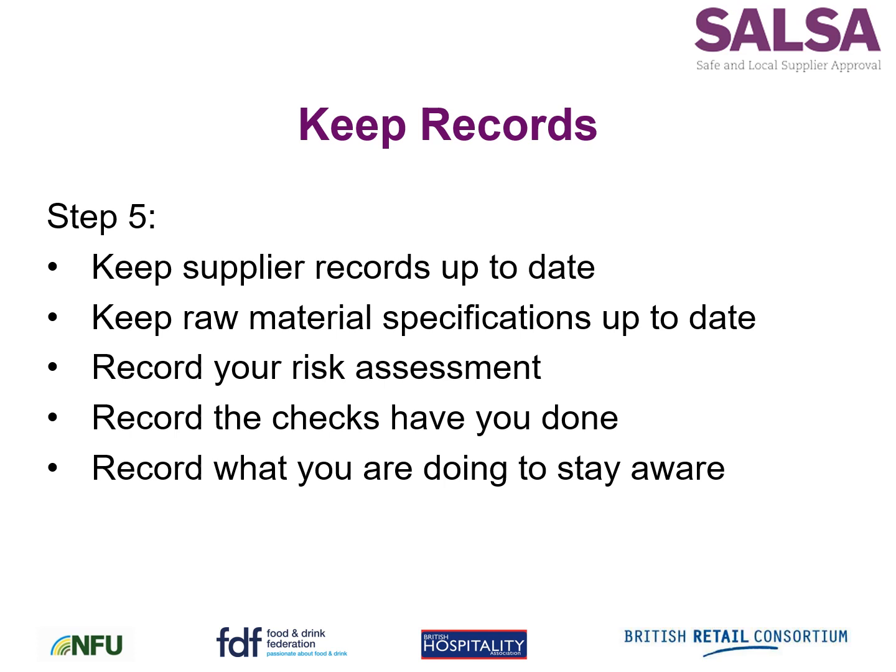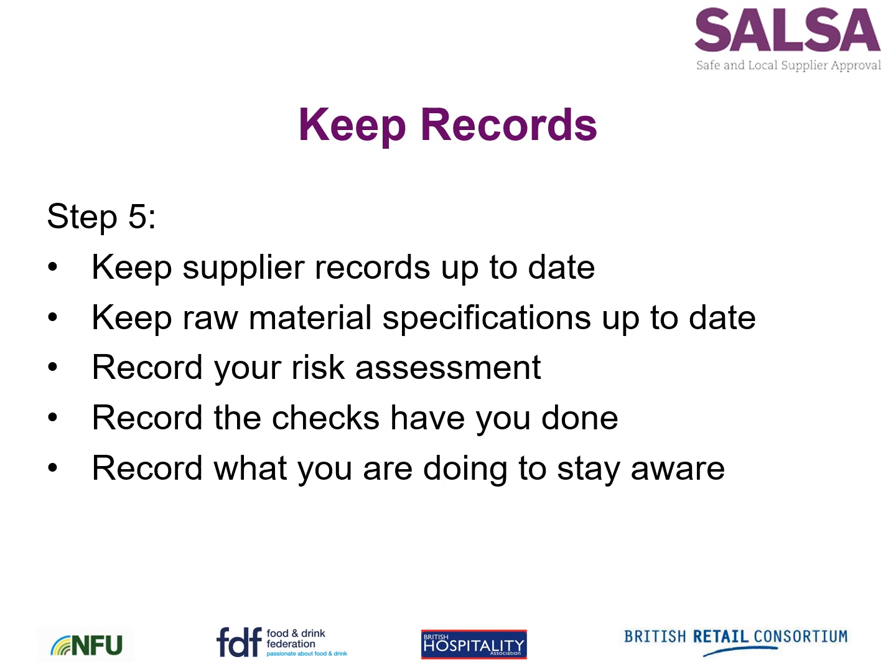Step 5 is to keep records. Keep your supplier records up to date. If your supplier changes, make sure that your records reflect the change so that staff know to buy from the right supplier, so that goods in checks are correct, so that you can trace back if problems occur. Keep your raw material specifications up to date.